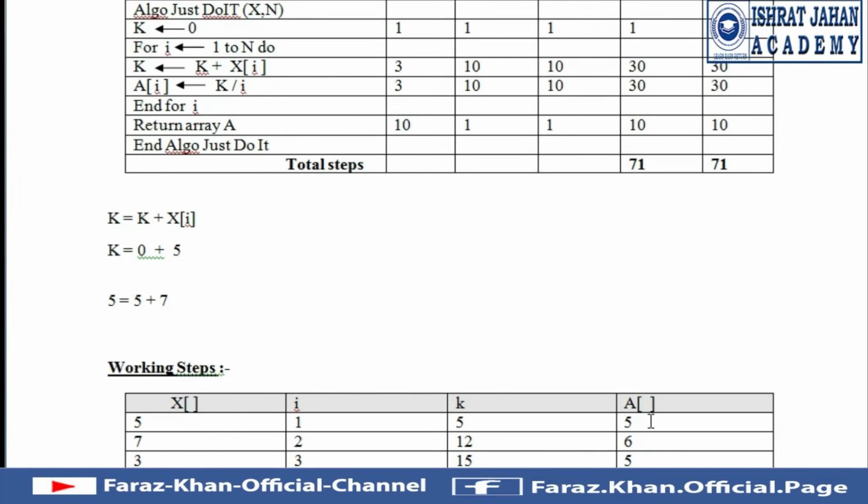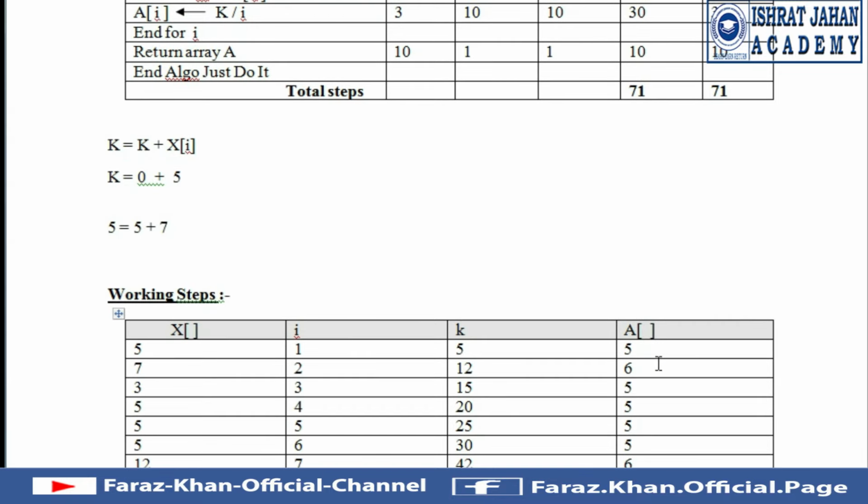So 5 plus 7 is 12, right? Now 12 plus 3 would be 15. 15 plus 5 would be 20. 20 plus 5 would be 25. 25 plus 5 would be 30.